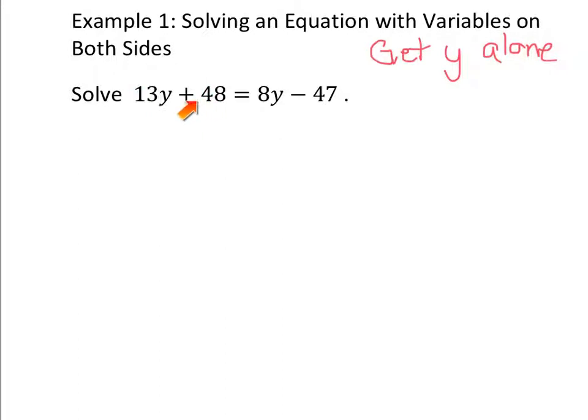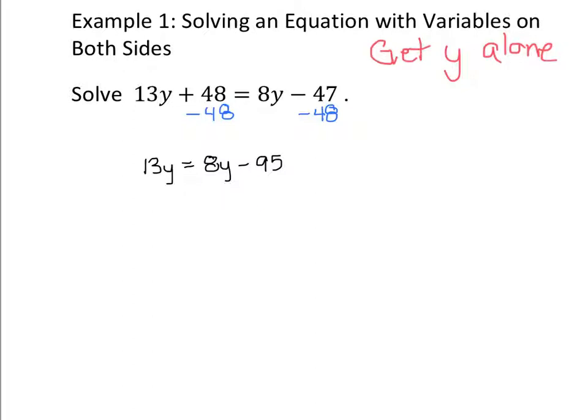How do we move 48 to the other side? Subtract it. Do the opposite of what's happening. It's being added, so we're going to subtract it. So we subtract it from this side, and we subtract it from the other side. And that leaves us with 13y equals 8y minus 95, I believe.